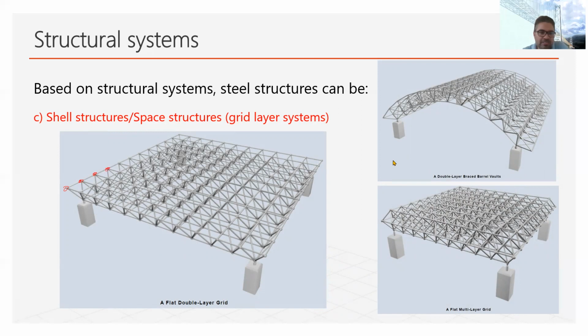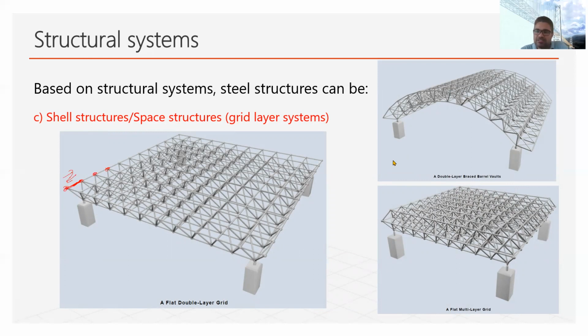These loads are subjected on these joints, or we can say along the member. If this is a member, the load may be along this direction or along another direction. So basically loads are subjected either on the joint or along the length of the member.